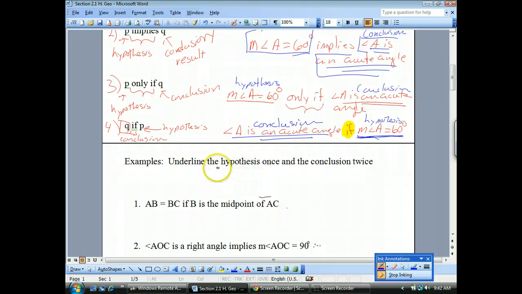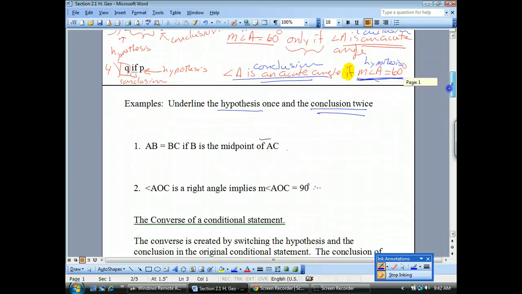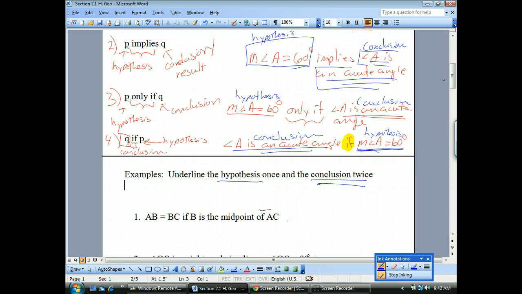So, examples. Underline the hypothesis once and the conclusion twice. Our first example is length of AB equals length of BC if B is the midpoint of segment AC. Well, first of all, we've got to figure out what my key word is.